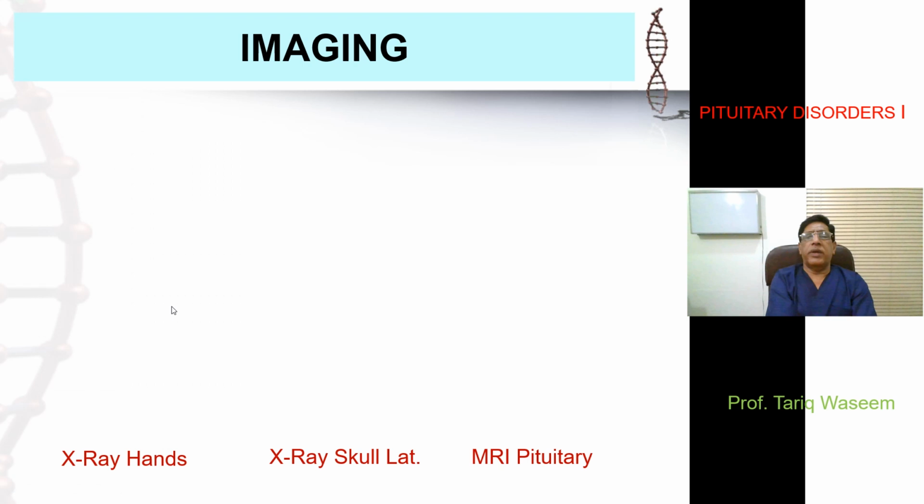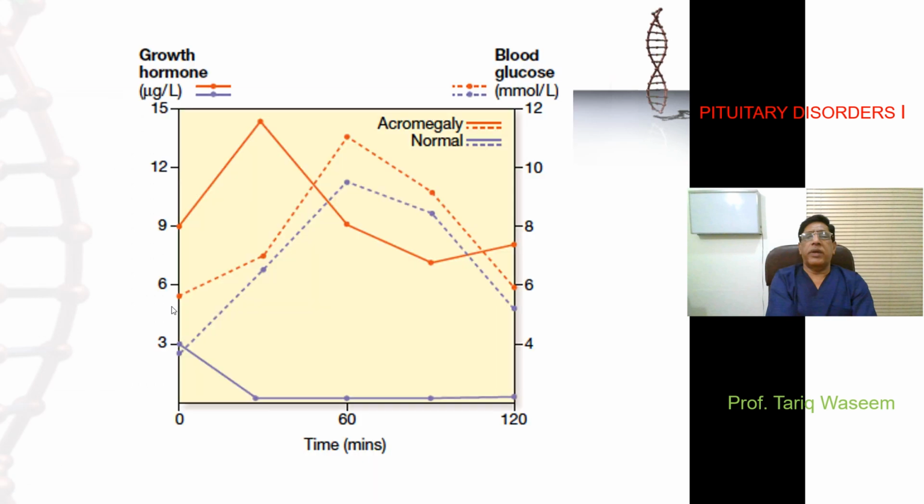Okay. So in this diagram, you look at this. This is the normal individual's blood glucose level, and this is the growth hormone level in a normal patient, and on this side is the blood glucose level. If you start from here in a normal individual, you give 75 gram glucose.